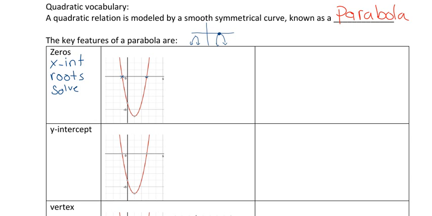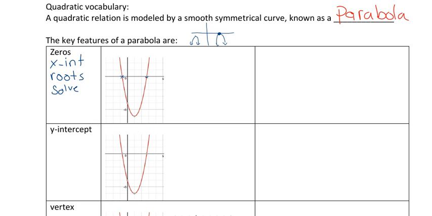Now, how do I write the x-intercepts? Notation here is very important, and I'll be putting marks on the notation, not only on the value, but also on the notation. So there are 2 ways that you can write this.